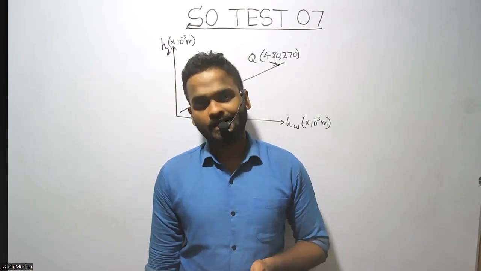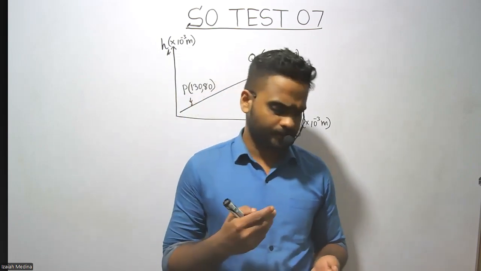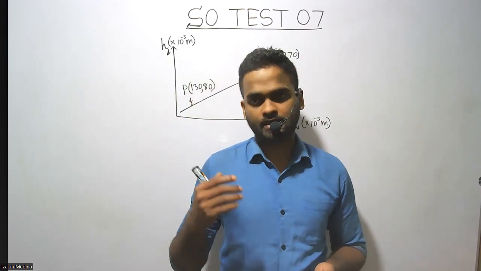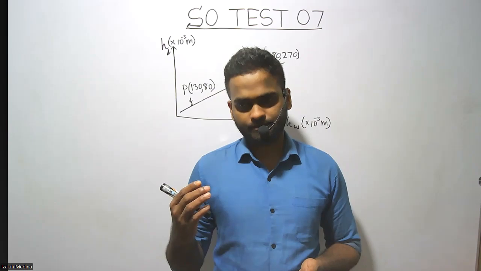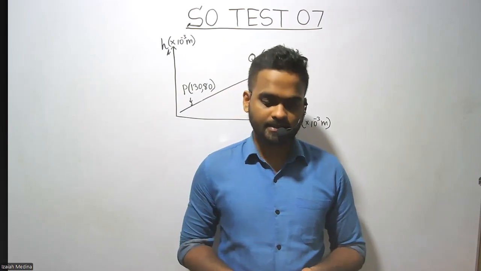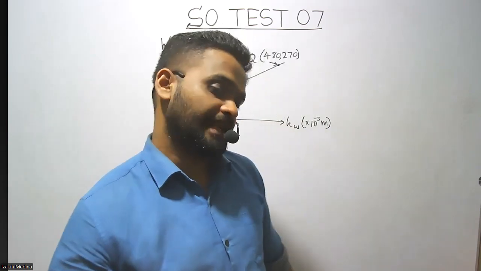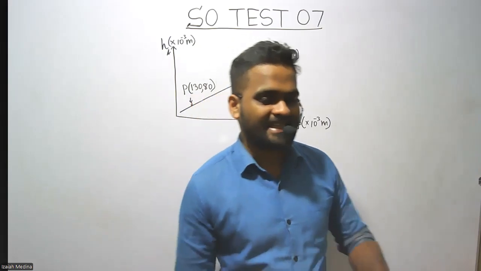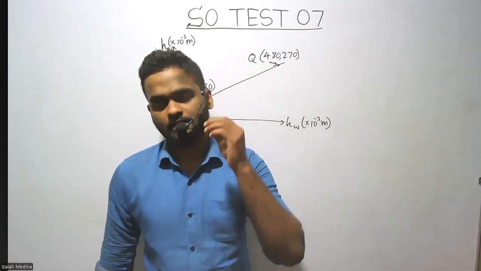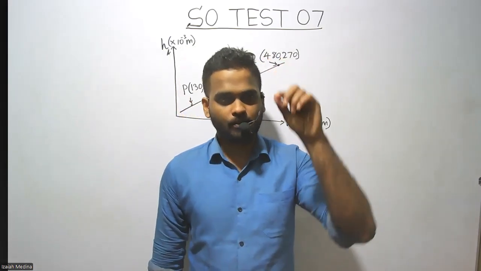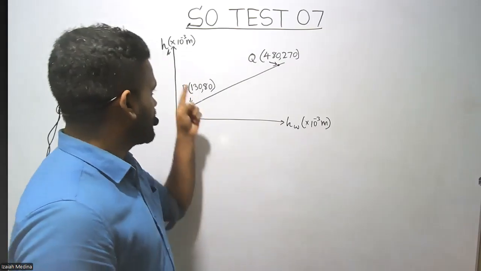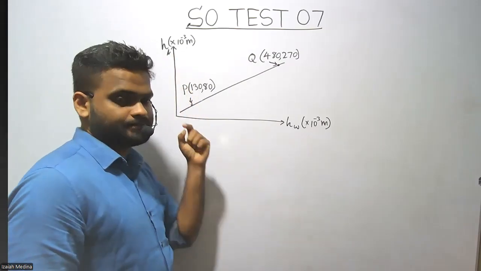So they have given a graph, right? For this question, you know that when it comes to graphs, there are two key concepts. One is the intercept of the graph. Intercept everyone can understand, because that is just the point which intersects the y-axis, right?